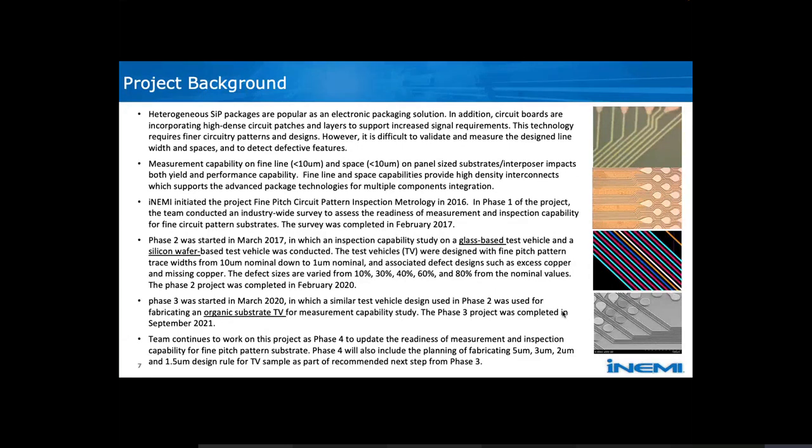The pattern we designed in the test vehicle is from 10 to 1 micron nominal line and space, with 10% to 80% purposely designed mouse bite and metal protrusion defects in the test vehicle. We will have some photos from phase 3 to give you a better idea.